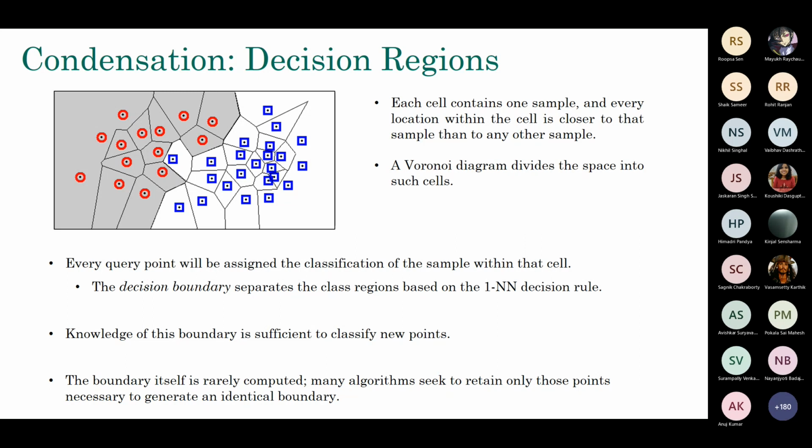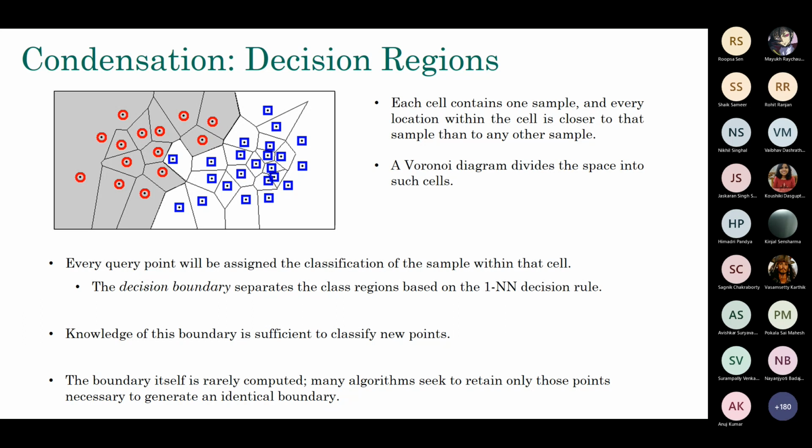Each cell has one sample, and every location within the cell is closer to that sample than to any other sample. This is also called the Voronoi diagram. It essentially divides the space into several segments, and one particular segment will correspond to the nearest neighbor for one sample or category and so on.